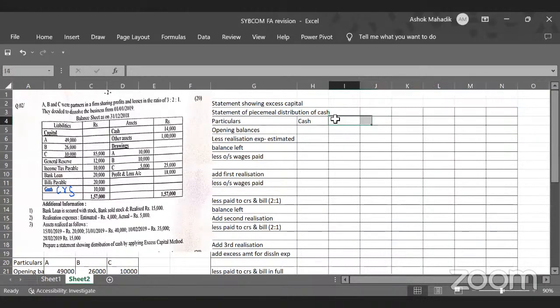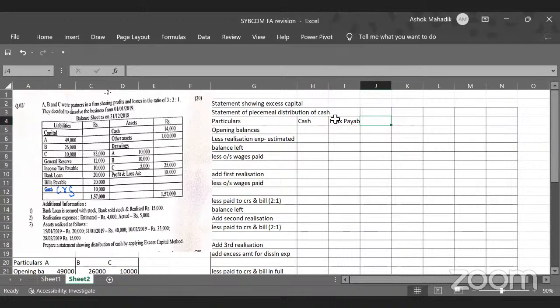Okay. So first is cash column. Can you tell me which will be the next column? Next column कौन सा होगा? Preferential liabilities, income tax. Okay, always remember. Income tax payable. Next, secured loans. Which is secured loan here? Look at the first adjustment. What they say, bank loan is secured with stock.